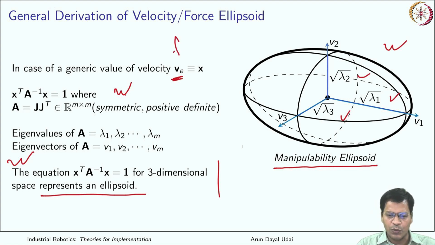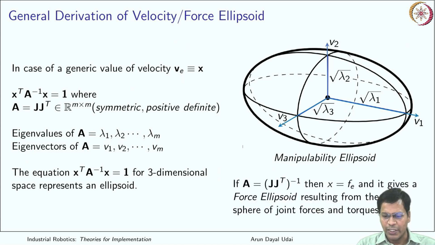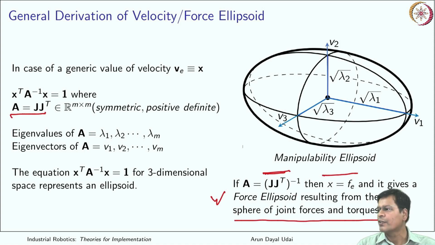If it is a force, it becomes a force ellipsoid. I'll tell you how they are related also. So this is what you have to understand here. These are your eigenvalues that go here. If A is equal to J J transpose inverse, and X is equal to FE, it gives a force ellipsoid that results from a unit sphere of joint forces and torques.